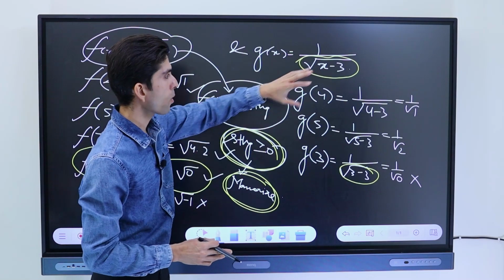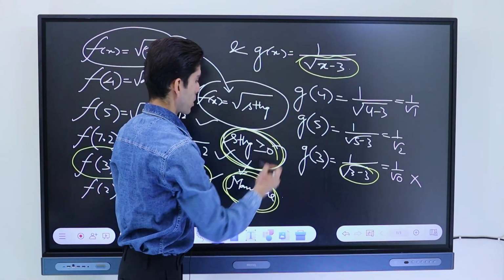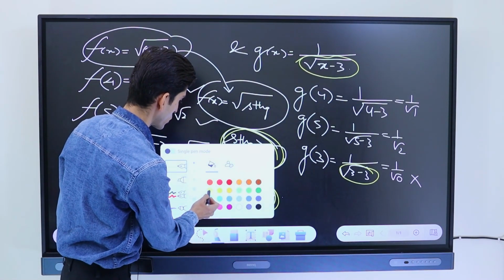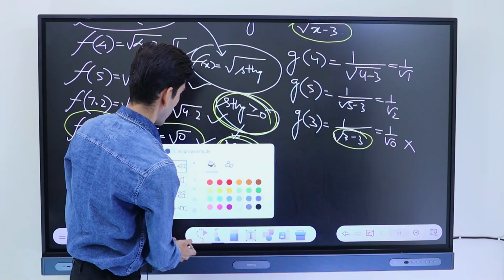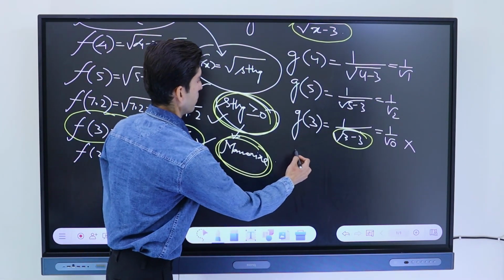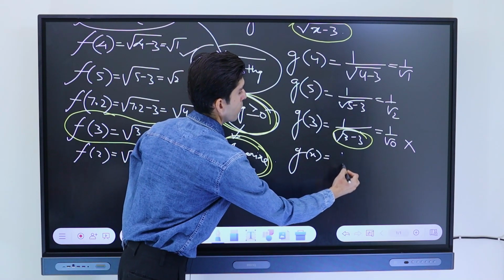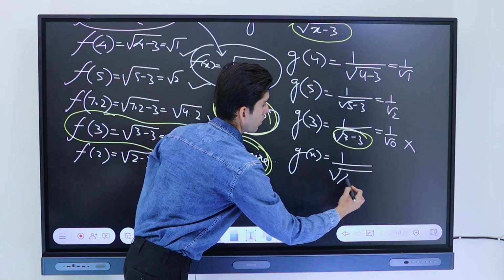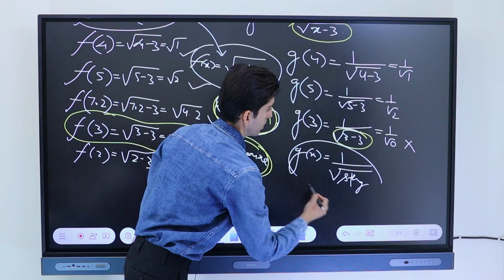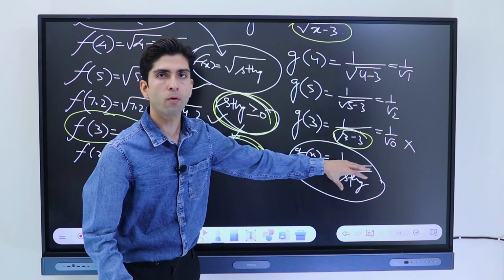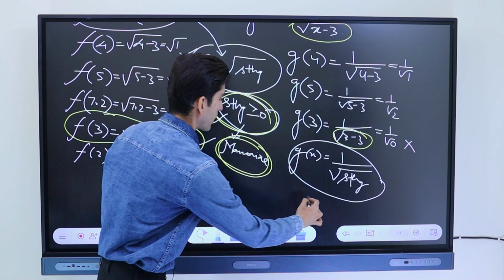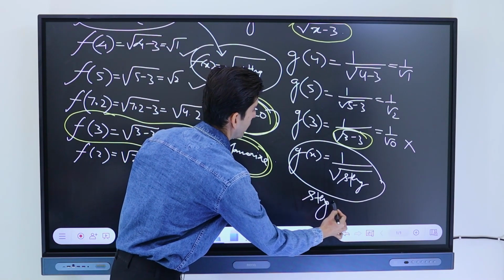So when we have this type of structure, I'll write it for you: g(x) = 1 upon square root of something. In this case, when we have a square root function in the denominator, our condition will be something greater than 0.